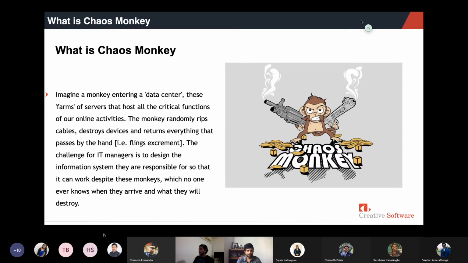So in the data center scenario, how do we prevent this monkey from destroying our system? We don't get the chance to throw the monkey out of the data center. You have to keep the monkey in the data center, but you need to prevent him from destroying it. So what will you do?